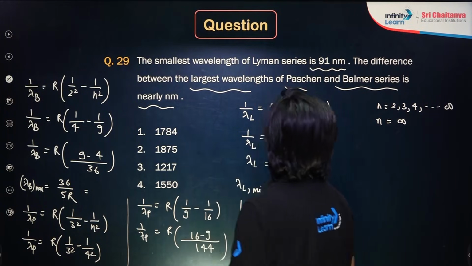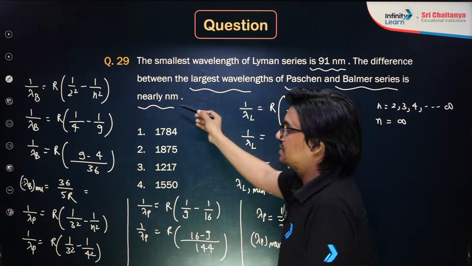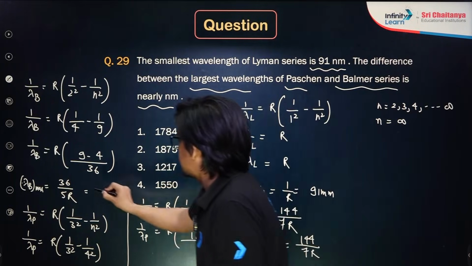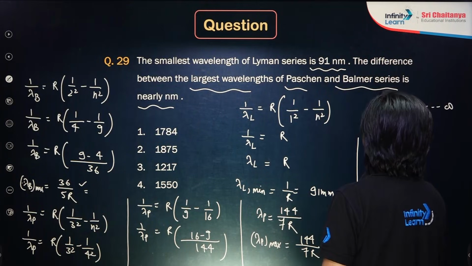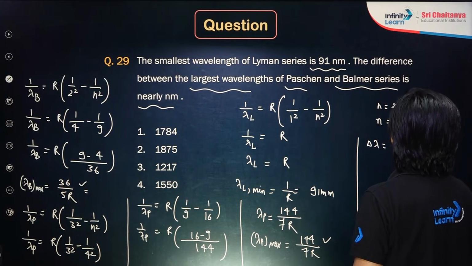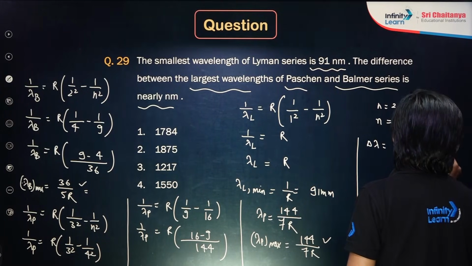Now according to the question, we want to find out the difference between the largest wavelength of the Pascal and Balmer series. So I want the difference of 36 by 5R and 144 by 7R. Let me mention this difference as delta lambda, which is equal to 36 by 5R minus 144 by 7R.